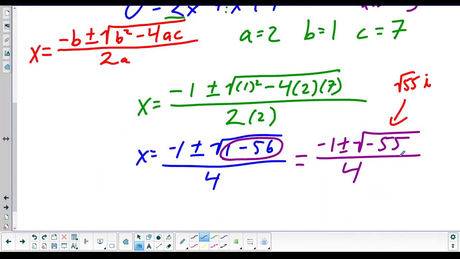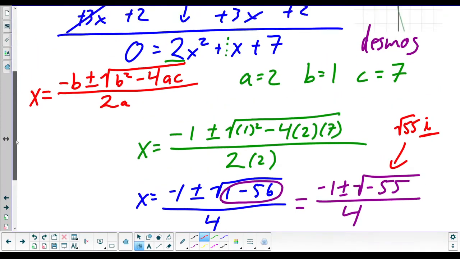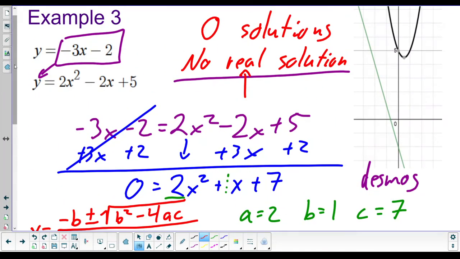There is an imaginary solution right there. You can see, you get your i. So when we say no real solution, that means there could be an imaginary one, though. It's a different group of numbers. So as soon as you use your quadratic formula and you see that you get a negative inside the square root part, that's when you know there's no real solution.